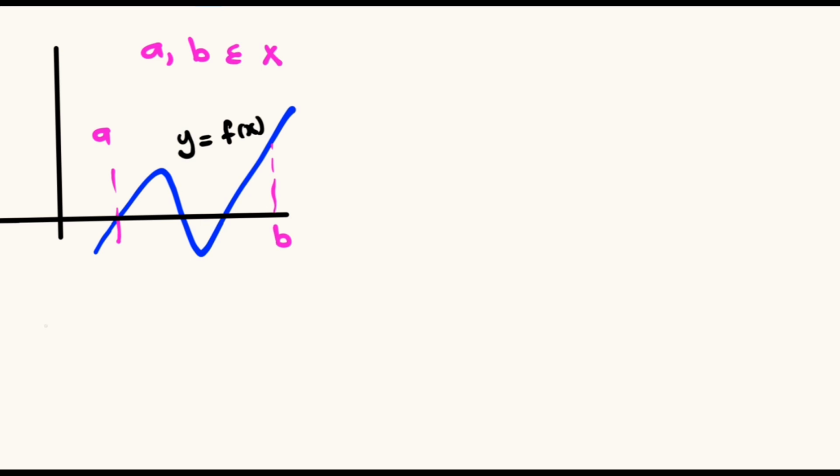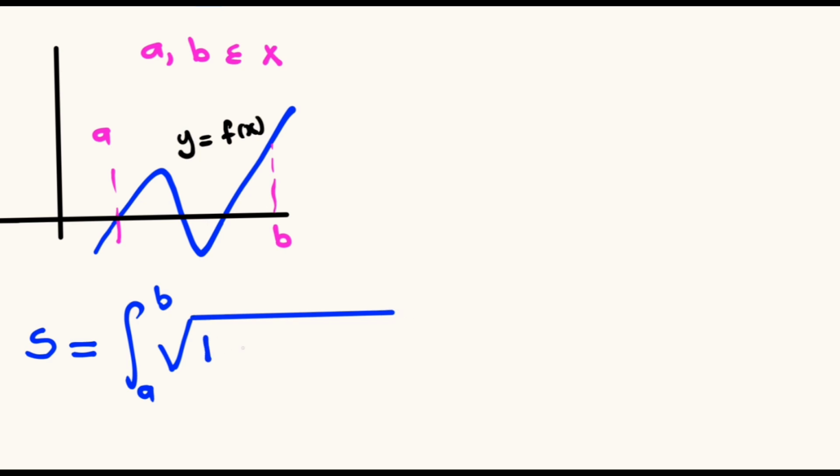Then the length denoted by the letter S will be equal to the integral from A to B of the square root of 1 plus the derivative of y with respect to x, squared. So we differentiate that y, and this will be multiplied by the dx.